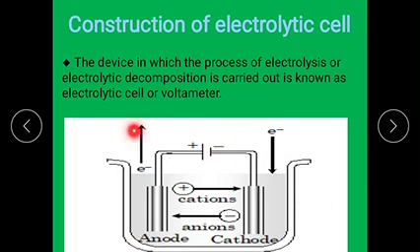This total setup is the voltameter. Here the electrolysis process is carried out, so this cell is known as an electrolytic cell or voltameter.